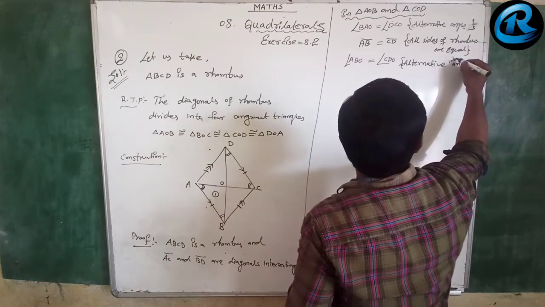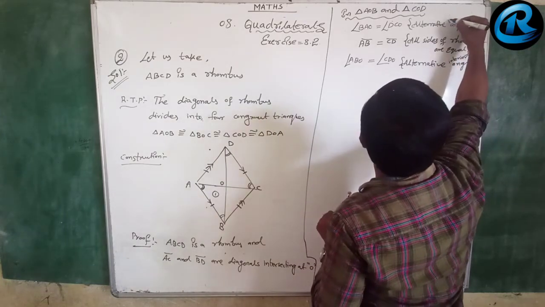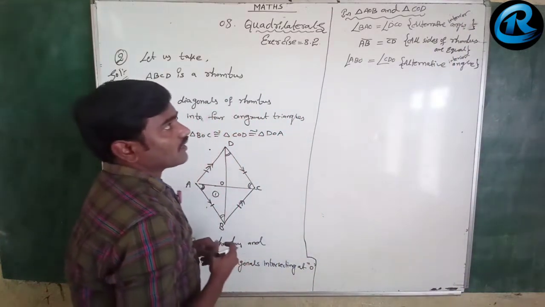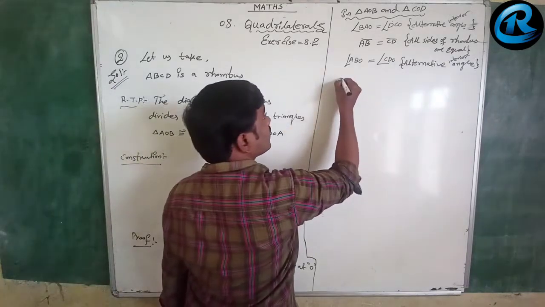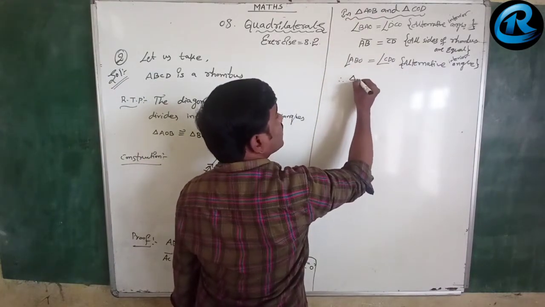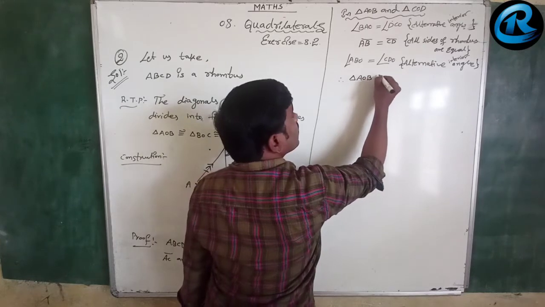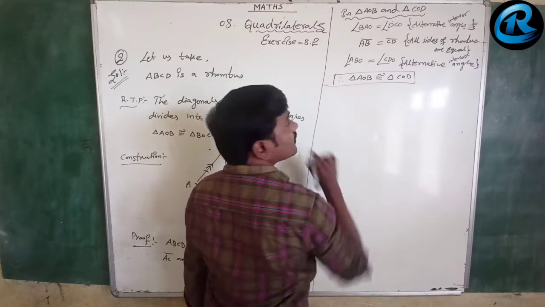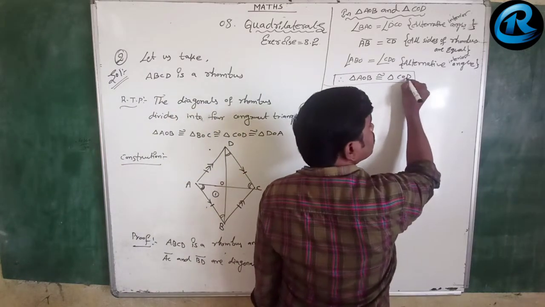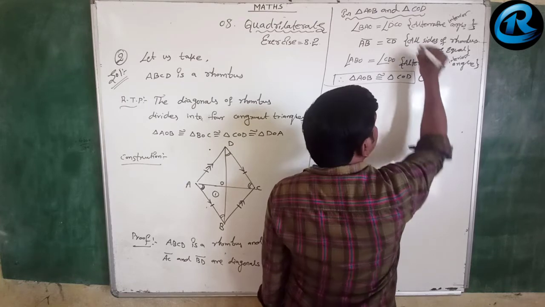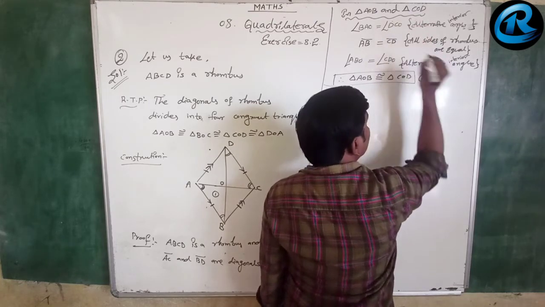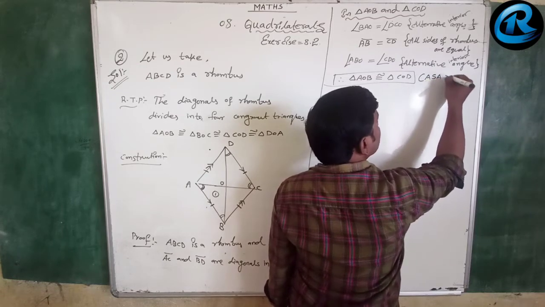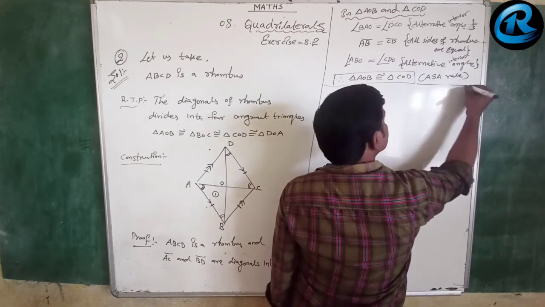Okay, alternate interior angles are equal. Now we can write: therefore the triangle which we have taken, triangle AOB, is congruent to triangle COD by the angle-side-angle rule. This is equation number 1.